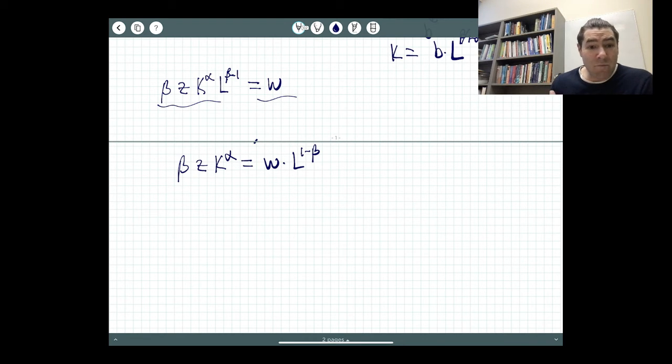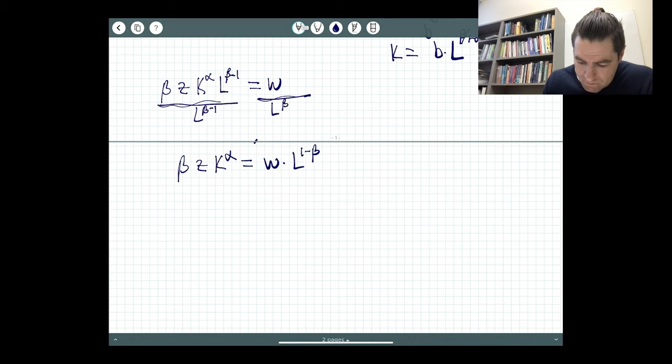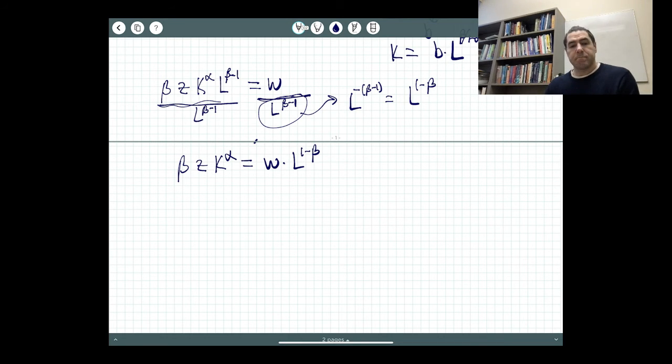So I divided both sides by L to the beta minus 1. That leaves me with L to the 1 minus beta on this side, right? So if I divide by L to the beta minus 1, down here, I have L to the minus beta minus 1, which is L to the 1 minus beta.